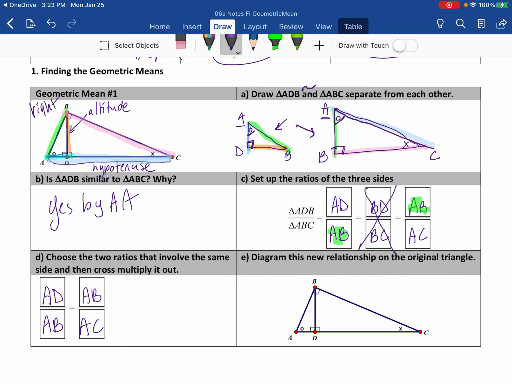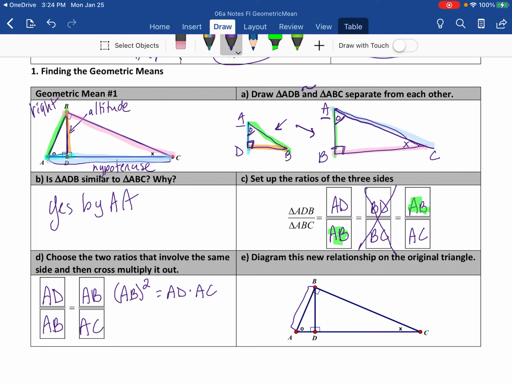So I know AD over AB is equal to AB over AC. I cross multiply. I have AB squared is equal to AD times AC. And that's going to be true for any right triangle where you draw the altitude to the hypotenuse.